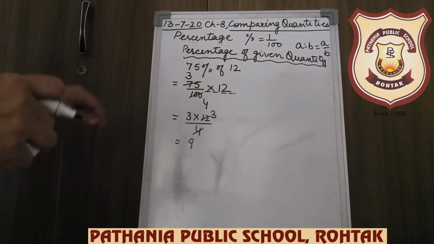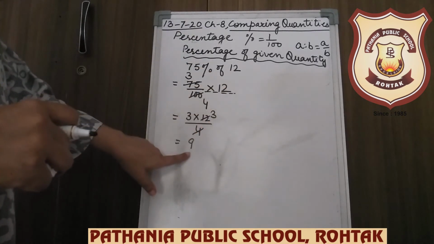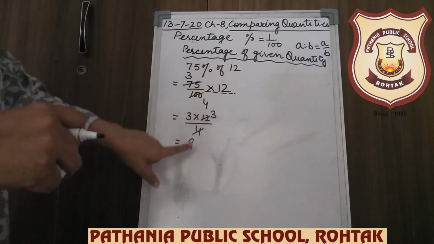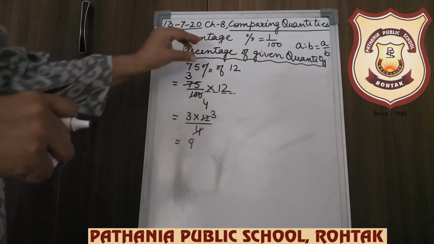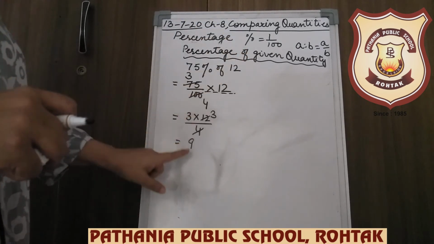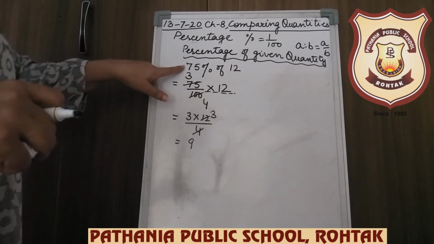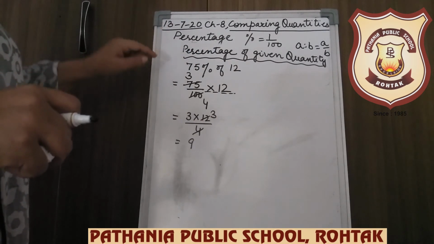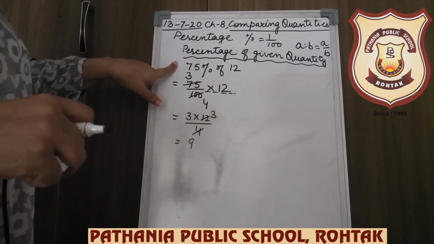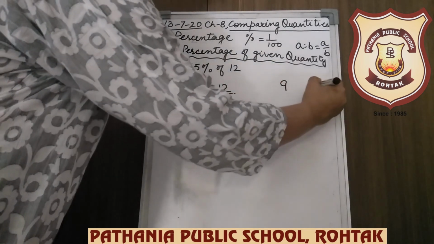Now what is the meaning? 75% of 12 is 9. So 75% part of 12 is 9, and the rest is 25%. If I subtract this from 100, total is 100, so out of 100, if I subtract this, I'll get 25%. Now one part is 9, so my leftover part is going to be 3.